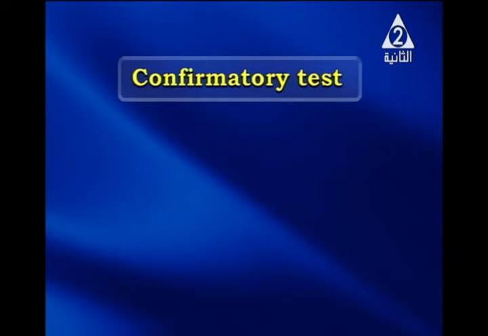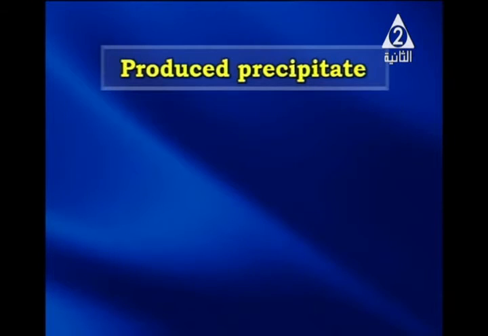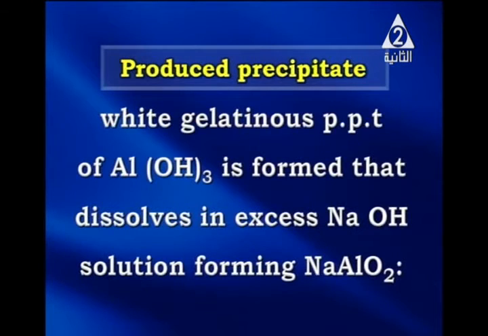The confirmatory test here is a salt solution plus sodium hydroxide solution. Here the produced precipitate is a white gelatinous precipitate of aluminum hydroxide, which dissolves in excess sodium hydroxide, giving sodium aluminate that is soluble in water.